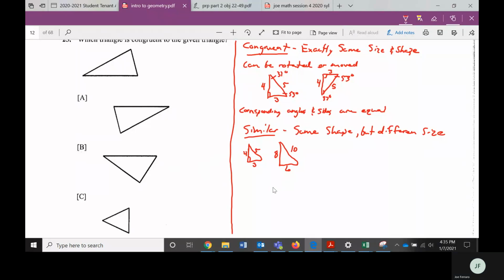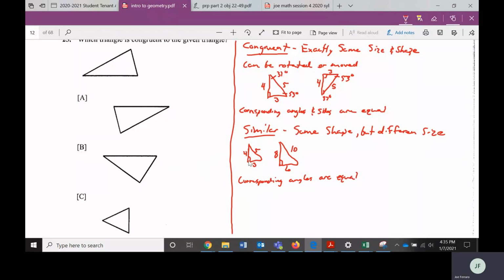So they're not exactly the same, but they're similar. And to be more exact, corresponding angles would be equal.